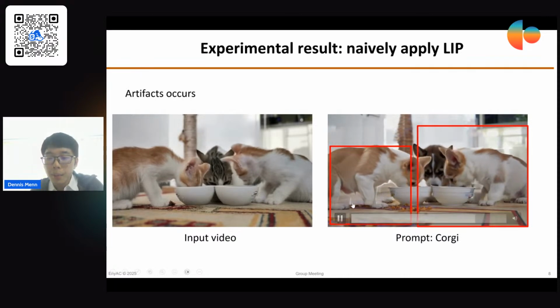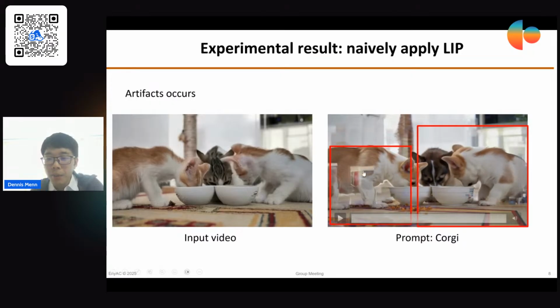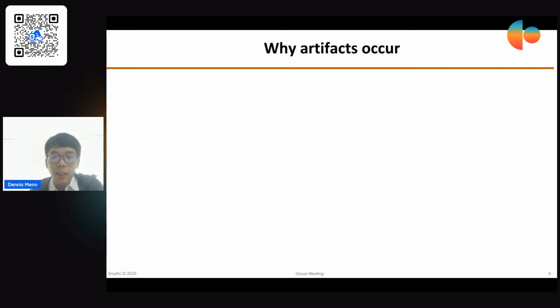You can see artifacts occur here, here, and here. And I think a critical question to ask is why artifacts occur. I can pause for 20 or 30 seconds. You can guess why artifacts occur.